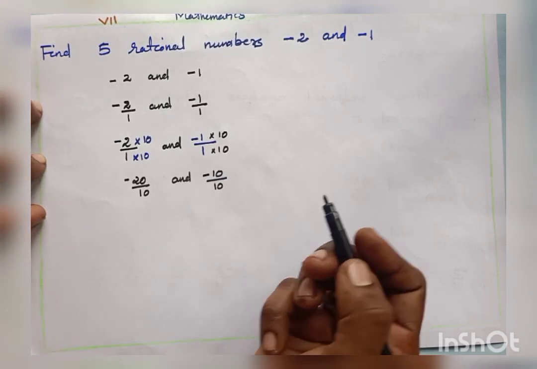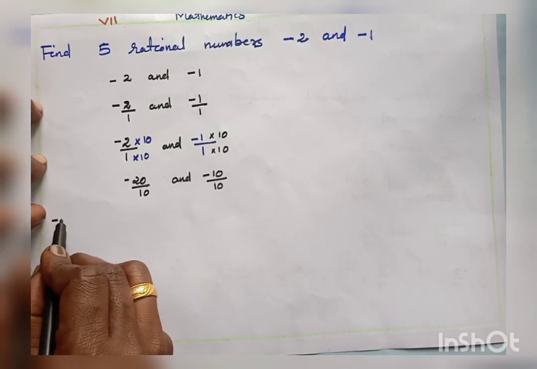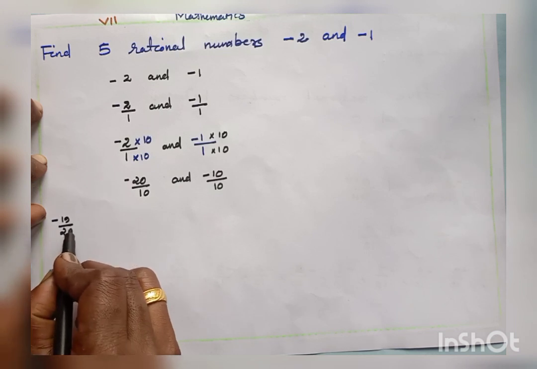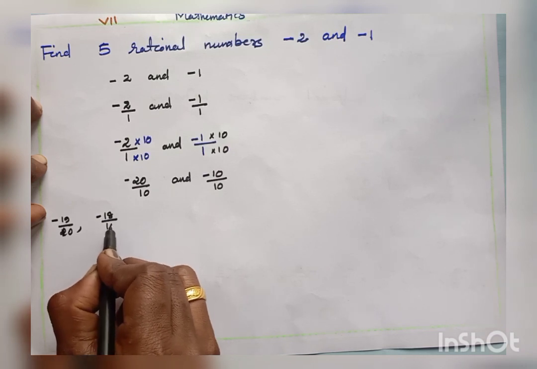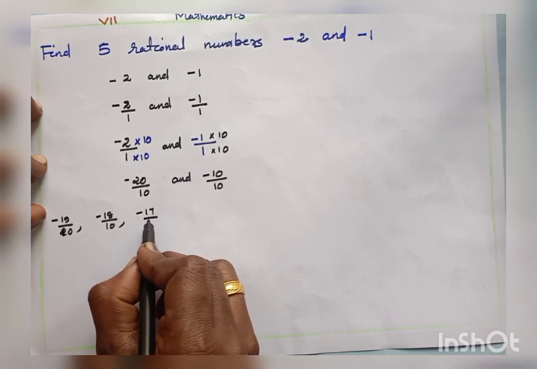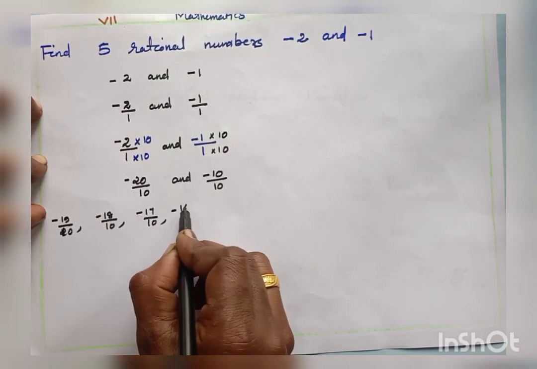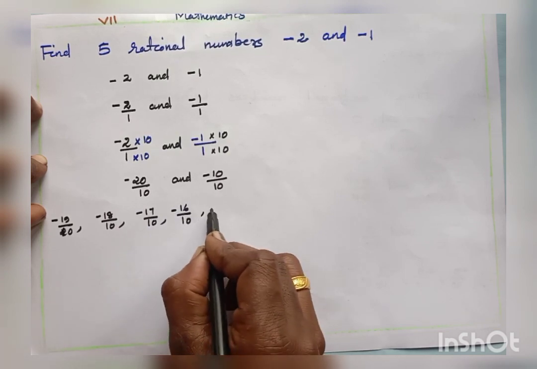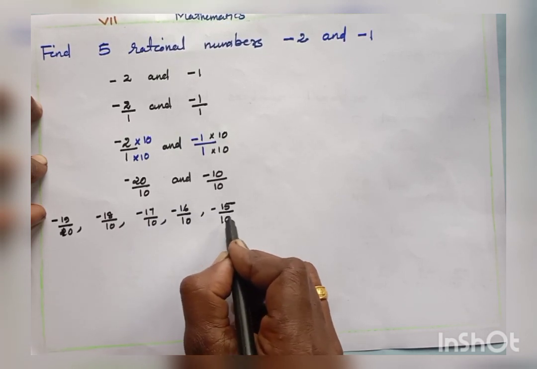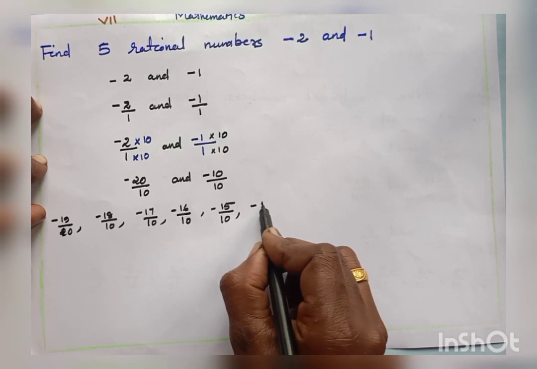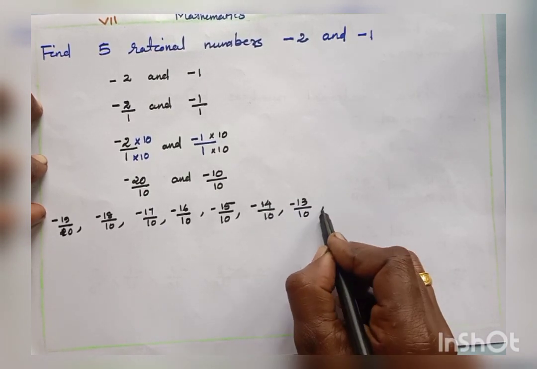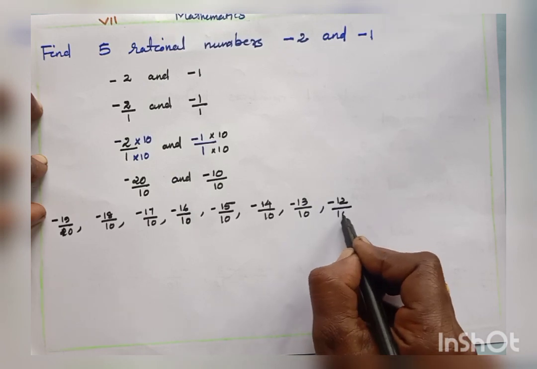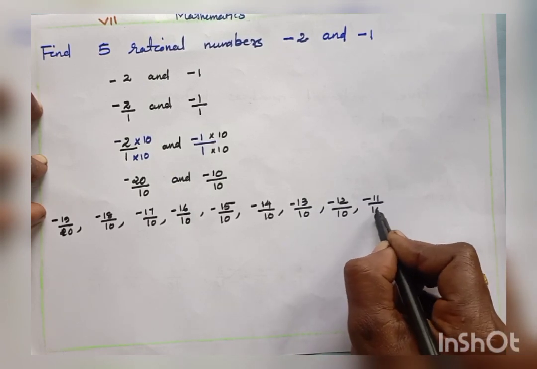Between minus 20 and minus 10 we can find minus 19 by 10, minus 18 by 10, minus 17 by 10, minus 16 by 10, minus 15 by 10, minus 14 by 10, minus 13 by 10, minus 12 by 10, minus 11 by 10.